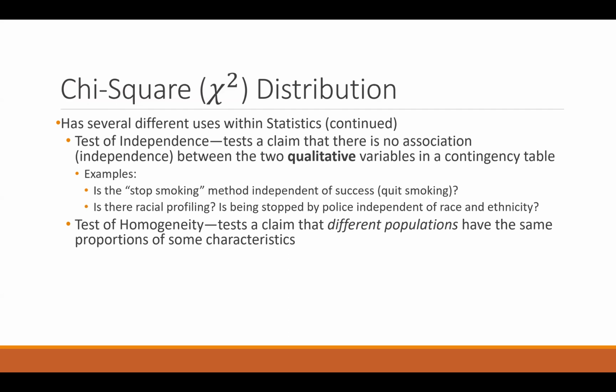Maybe you're looking at people within the United States and people from Europe, or you could even do males and females. So you're looking at two different populations, but trying to determine if they have the same proportion of characteristics.